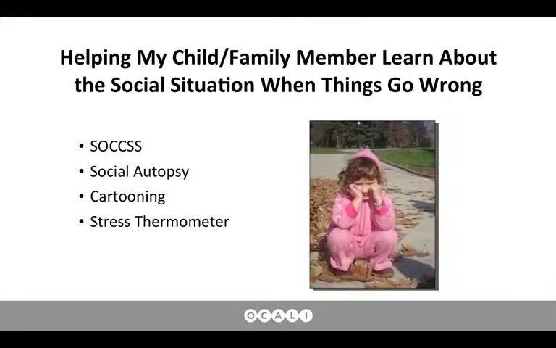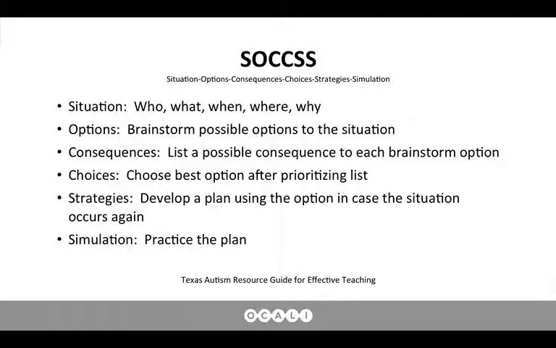Here are some strategies that will help you help your child or family member deal with situations that go wrong. This slide describes SOCS, which stands for Situation, Options, Consequences, Choices, Strategies, Simulation. SOCS is a social decision-making process designed to help individuals with ASD understand social situations.